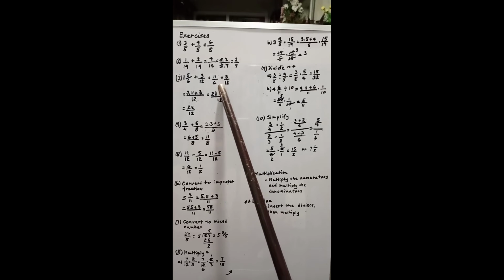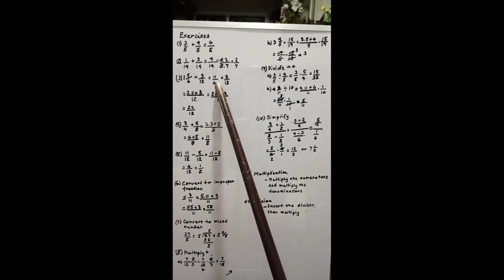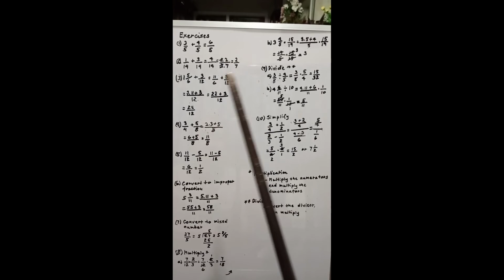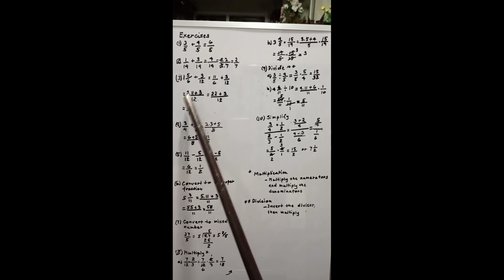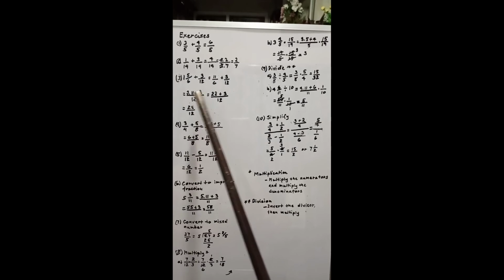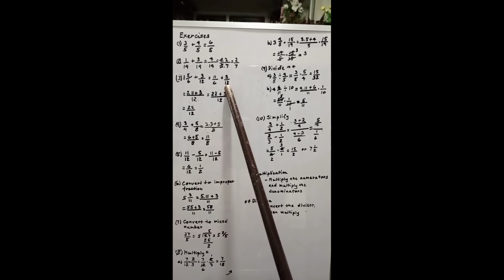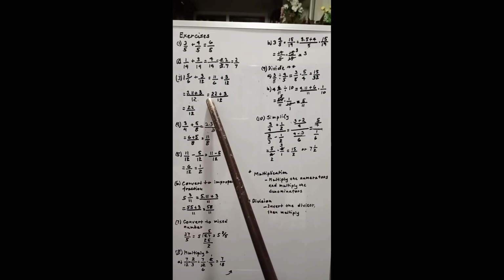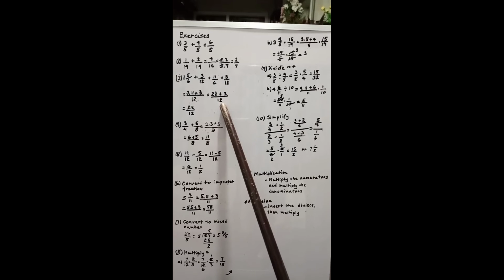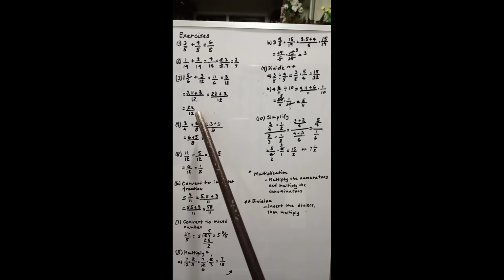Now, since the denominators are different, we have to change this to similar fractions using the least common denominator, which is 12. 12 divided by 6 is 2 times 11, plus 12 divided by 12 is 1 times 3 equals 3. So 2 times 11 is 22 plus 3 over 12. So the answer is 25 over 12.